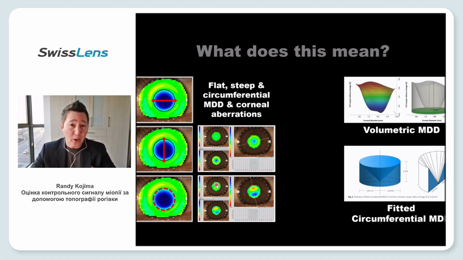If we use our topographer and measure the volume of power, or what makes the most sense to me is the fitted circumferential MDD, because this is like an add power. It would be plus 2.50 as an example, where it's more similar to what we think of in soft multifocal lenses. What is the add power we're applying to this patient? What is the defocus that we're applying to this patient?